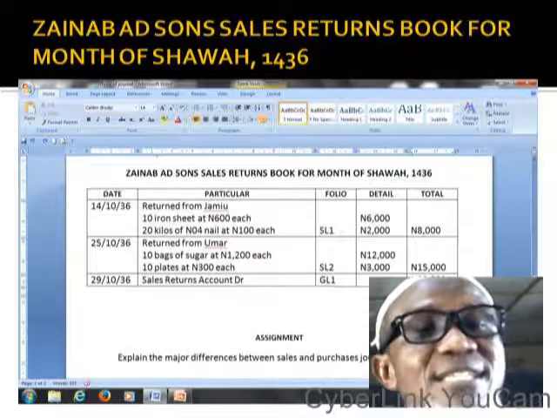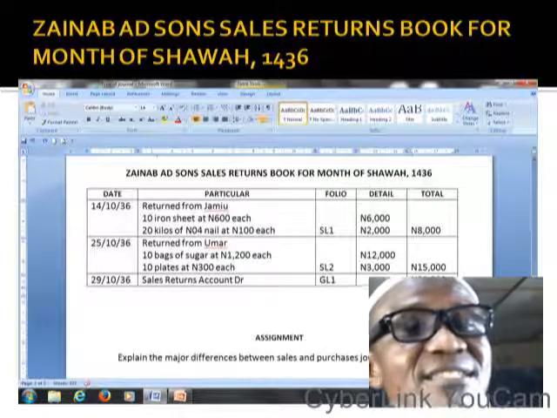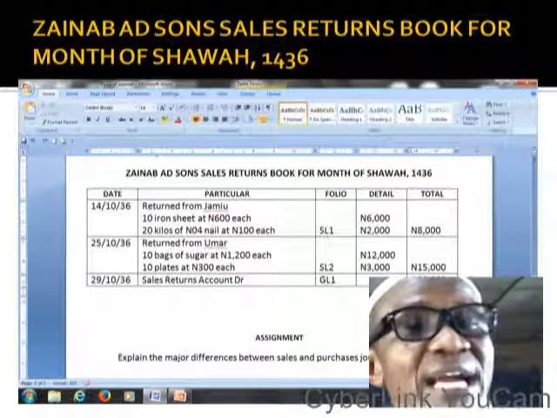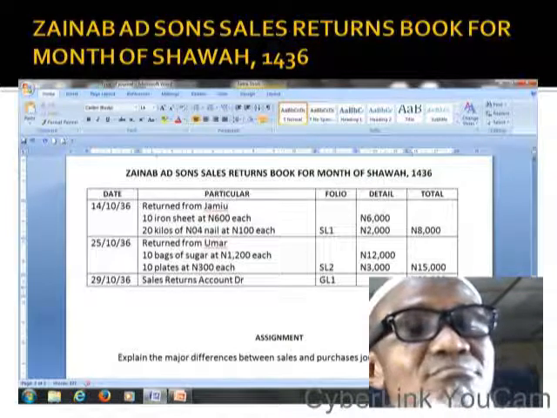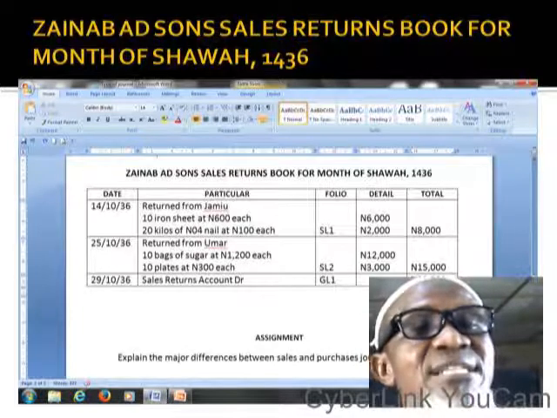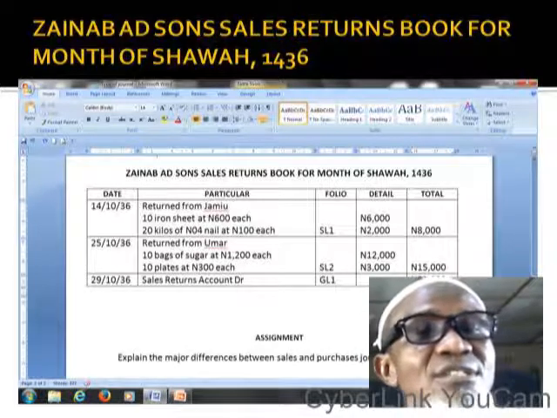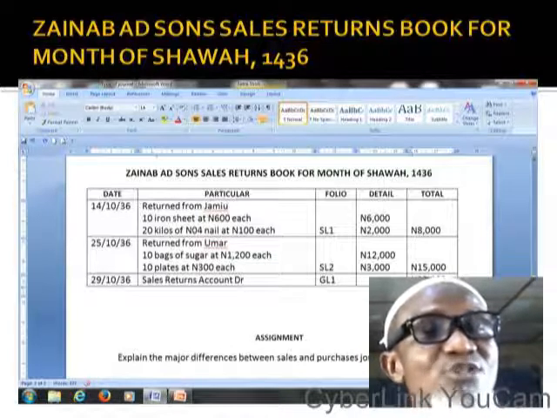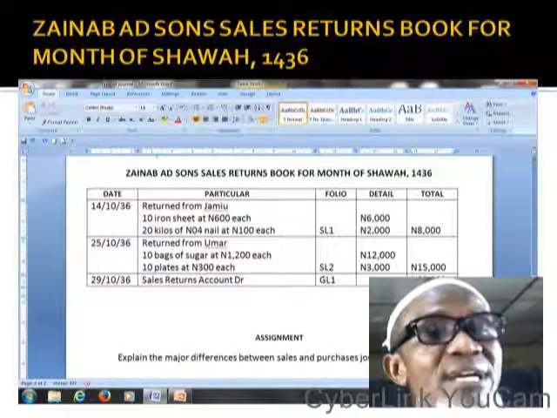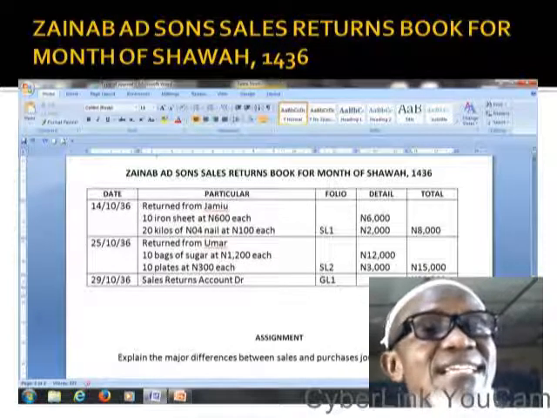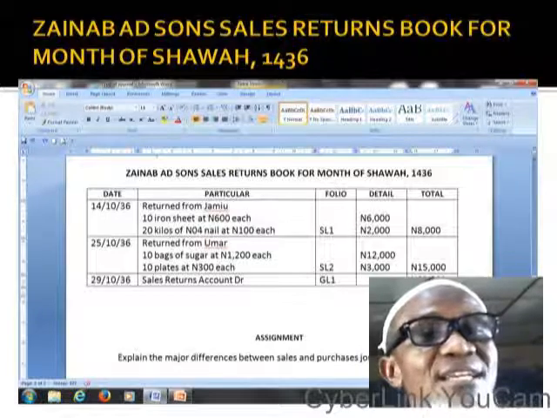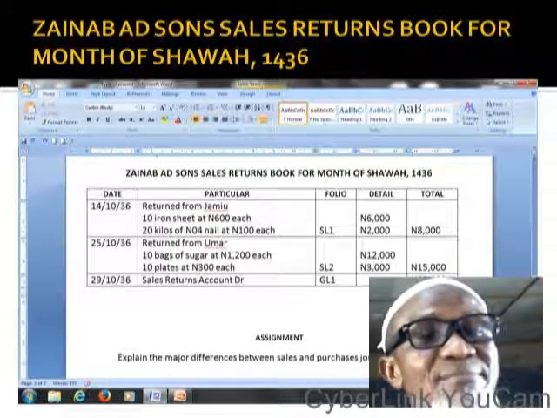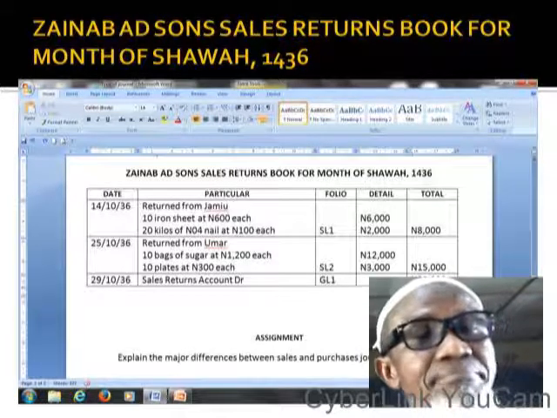You multiply 20 by 100, it will give you 2,000 naira. To sum up the total in your total column, you add 6,000 plus 2,000, which gives you 8,000 naira. That is the total amount of goods that Jamil returned to the seller.